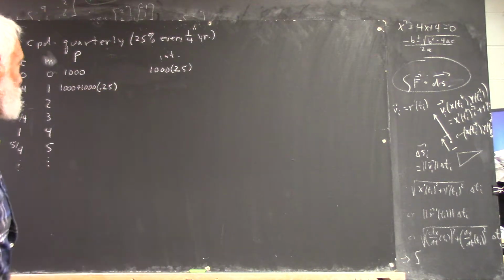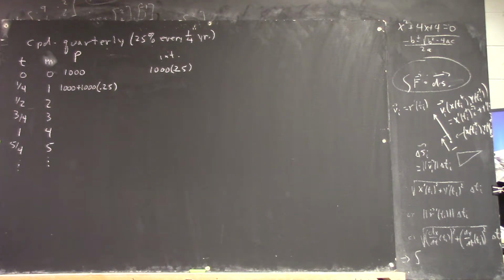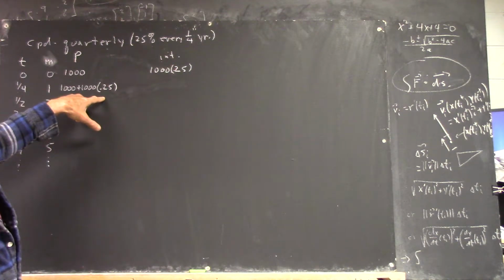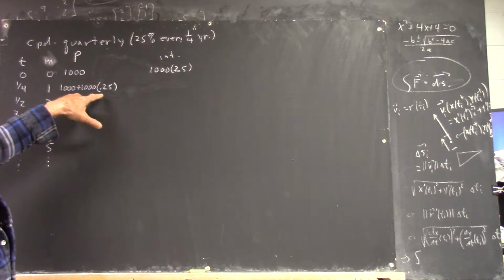Okay, some of you might be, but I'm not going to assume it. Okay, so now what's your interest? 1,250. No, we're not going to calculate that. Well, it's going to be this times 0.25, right? This is your new principal.